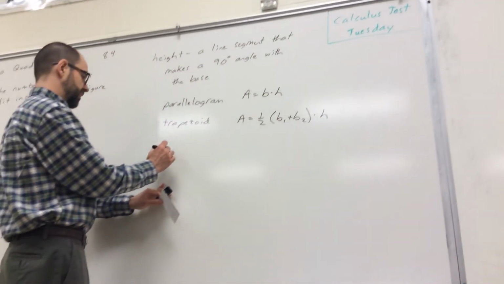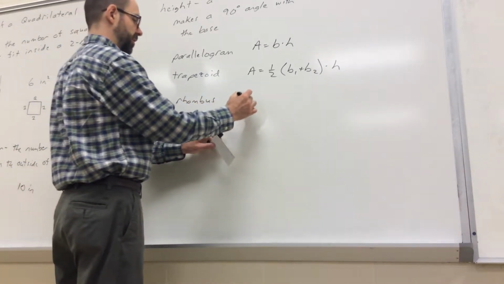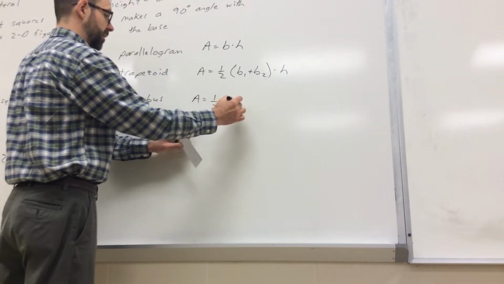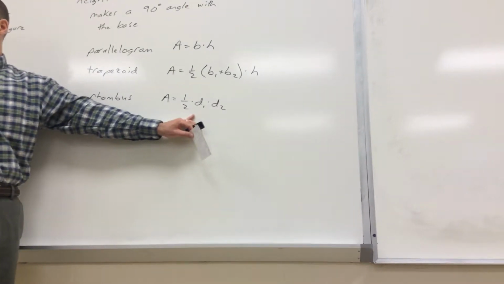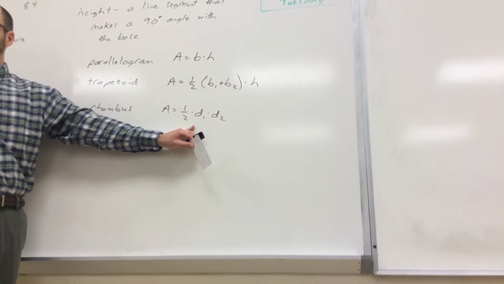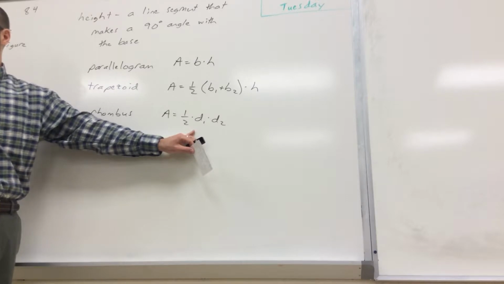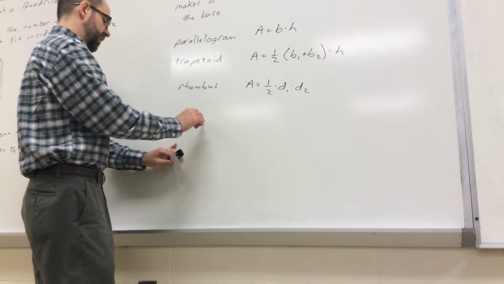Okay, then for a rhombus, the area is 1/2 times D1 times D2. And the D1 and the D2 stand for the diagonals. And then last but not least, I'm going to give you the area formula for a triangle.